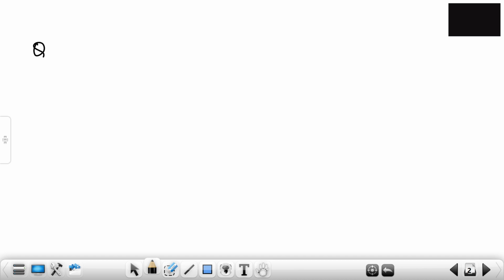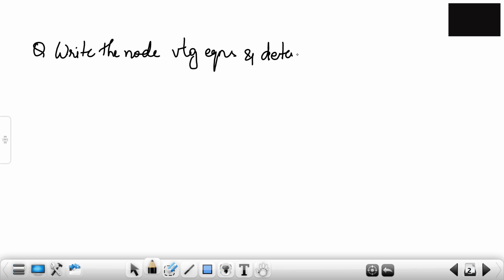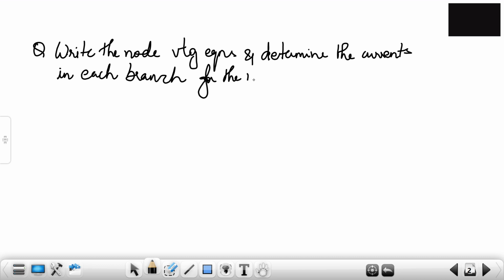Write the node voltage equations and determine the currents in each branch for the network as shown.